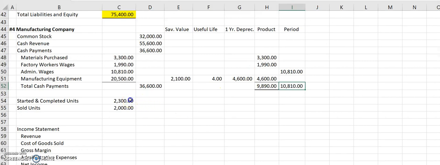So the problem also told us that we had 2,300 units that we started and completed. So that's what we manufactured for this period. We also sold 2,000 units. So the items that we started and completed, we have a product cost of $98.90. We can divide that out over our 2,300, and that will give us our cost per unit.